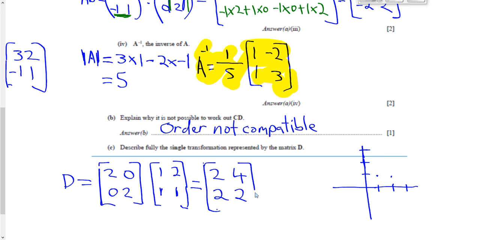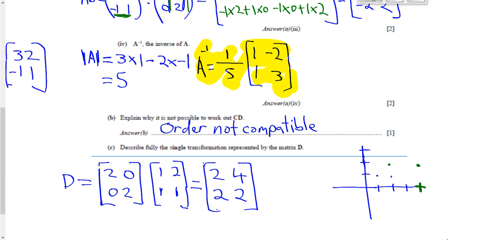So if we multiply that out, we end up with our new coordinates. So what's happened here, we've got 2, 2. So let's use a different colour here. We've got 2, 2 here, and then we've got 4, 2. So if we go out here, 1, 2, 4, 2.